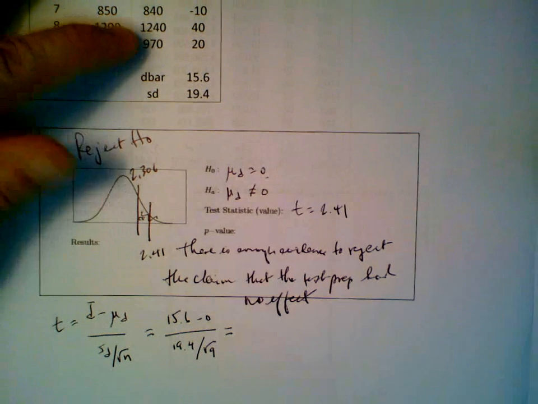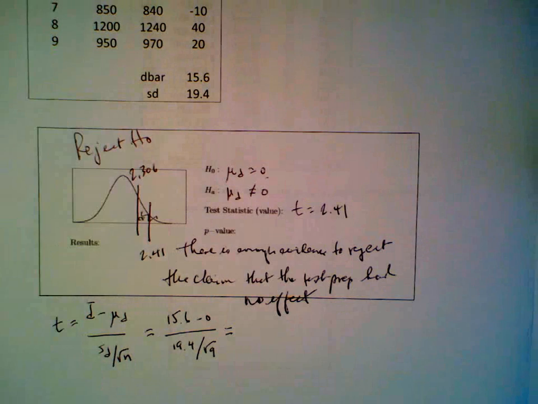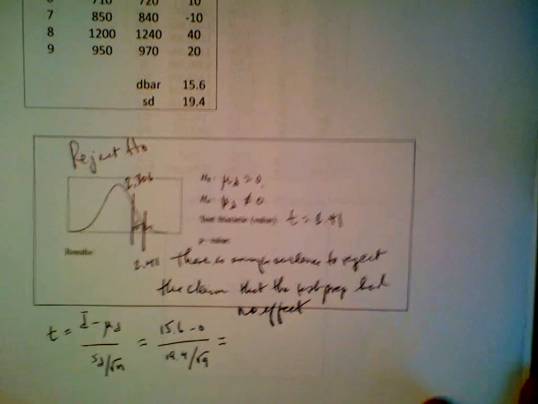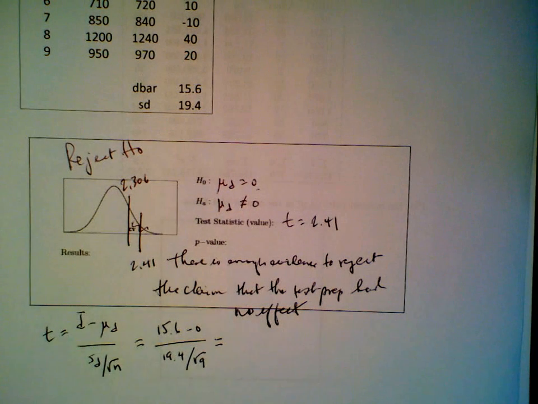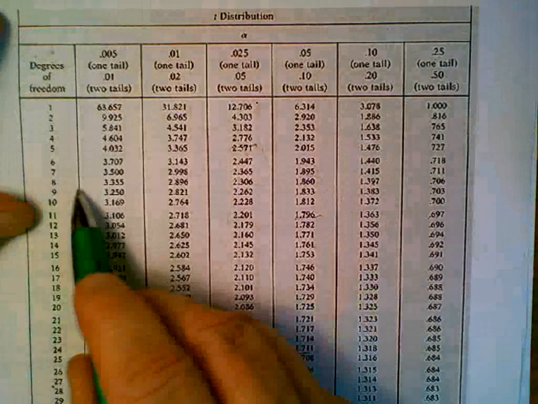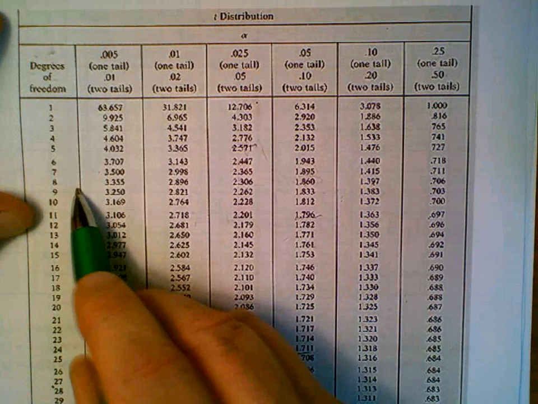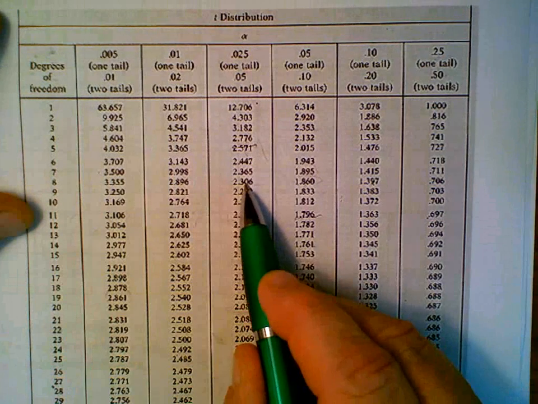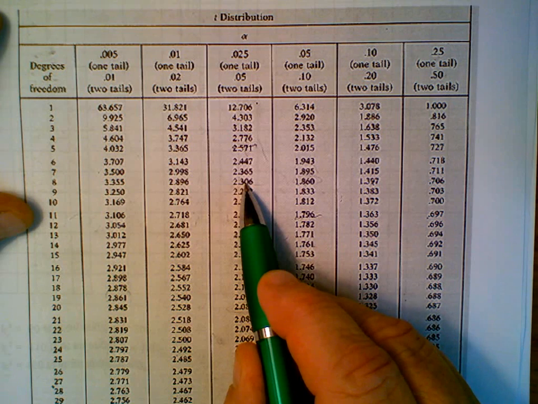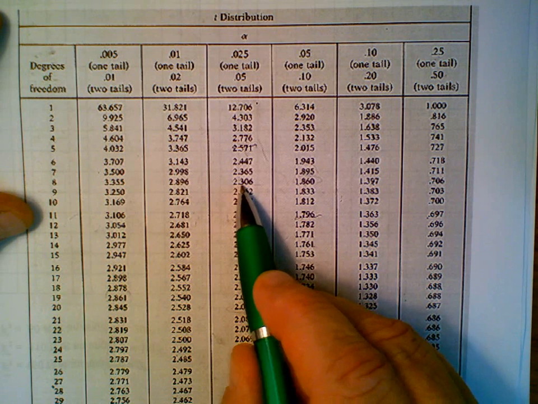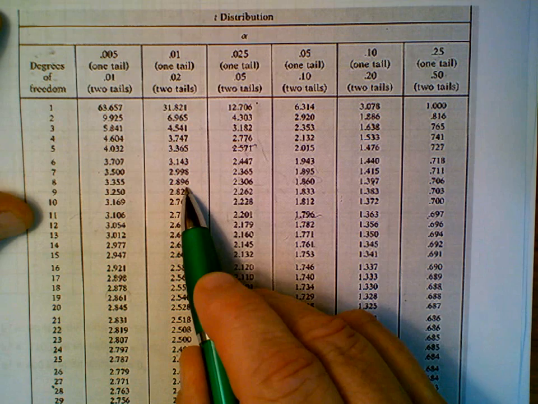Okay, p-value. Now we're going to see how close we come to 0.05. Our test statistic is 2.41. Okay, we look at the 8 degrees of freedom line, and we can see that 2.41 falls between 2.306 and 2.896.